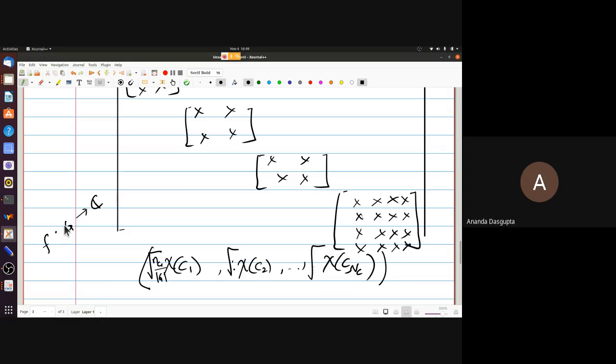If you say function, every group element should have a value, right? A function should match every group element to a complex number. But if your function happens to be a class function, it takes a value which is the same for every member in the class, just like characters, but any class function.